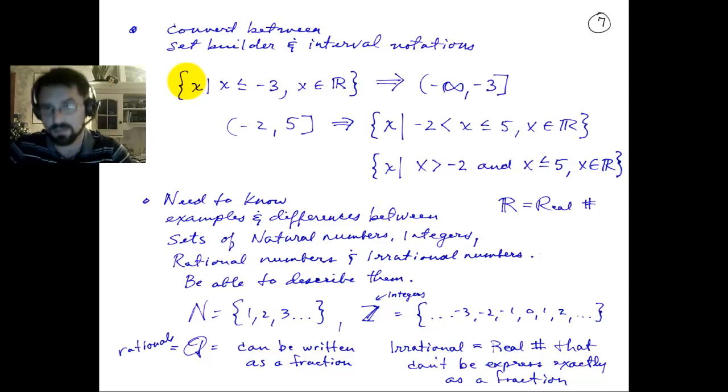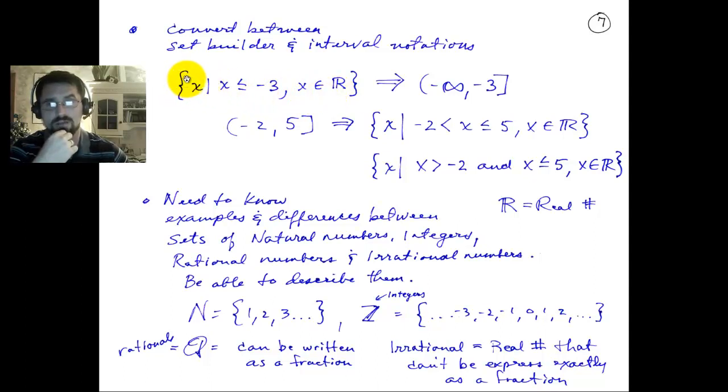Okay, so what's going to be on the test? You can expect some problems that require you to convert between set builder and interval notation. For example, set builder notation such as this, which says the set of values such that x is less than -3 and x is a real number.